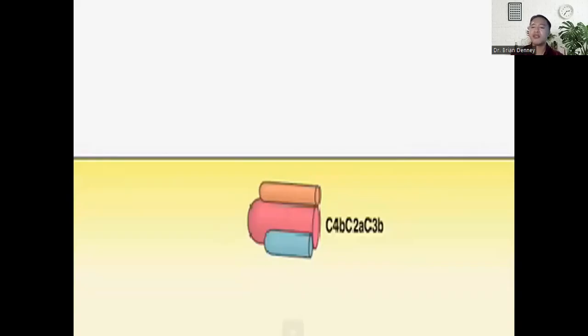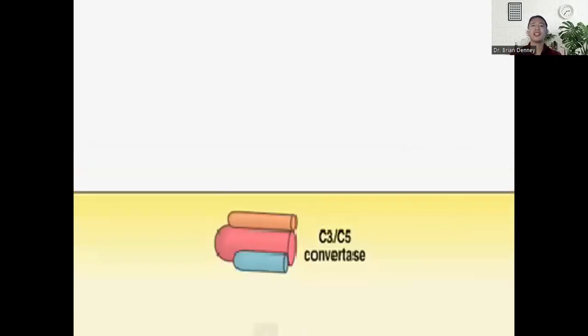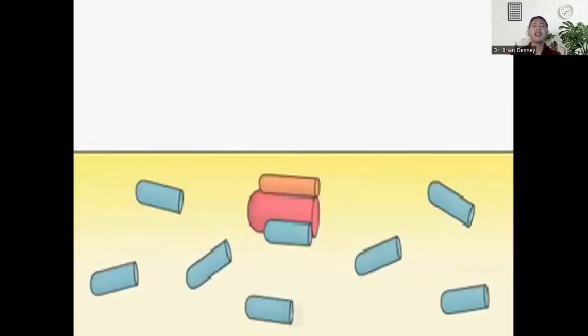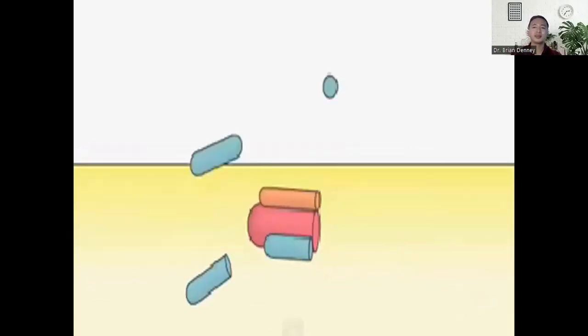So can you call C5 for me so that our complement cascade will continue? Say, C5, come on down. C5 is now ready and able to participate in the cascade.